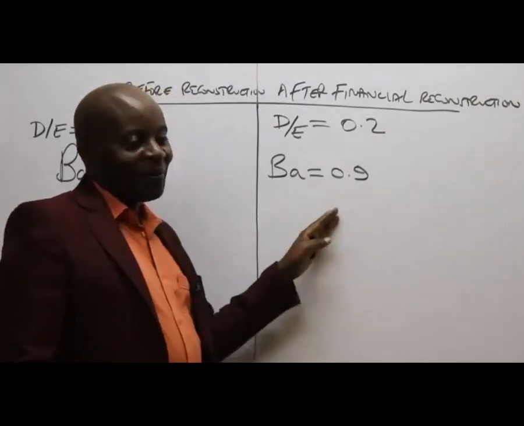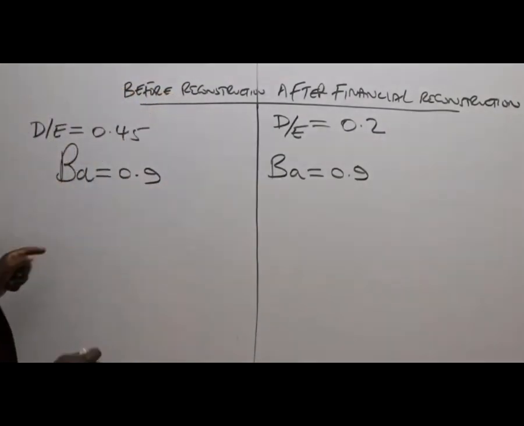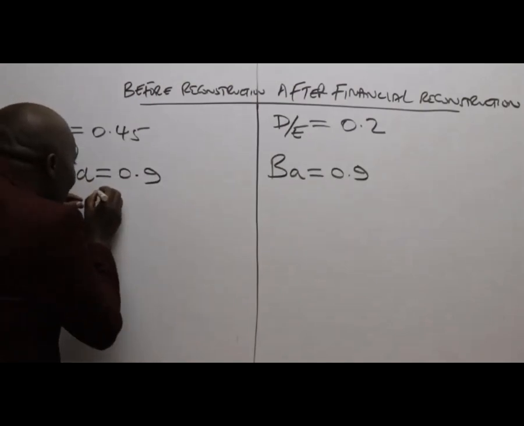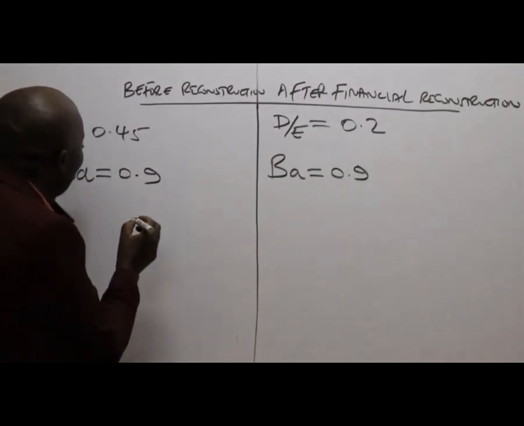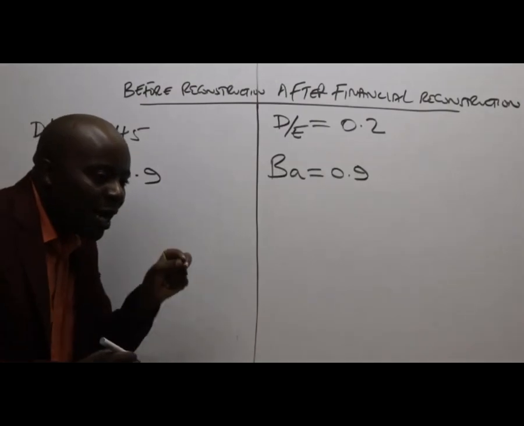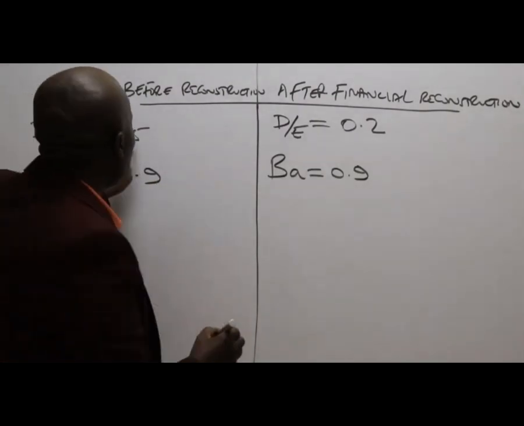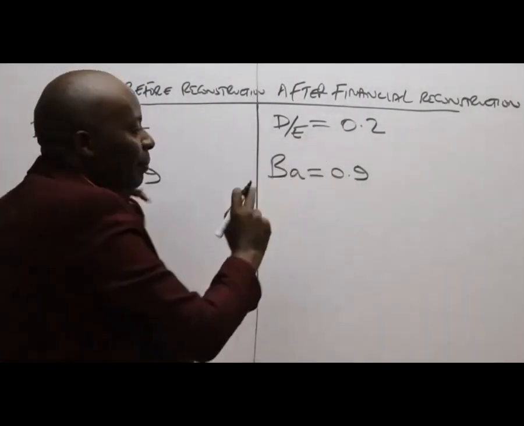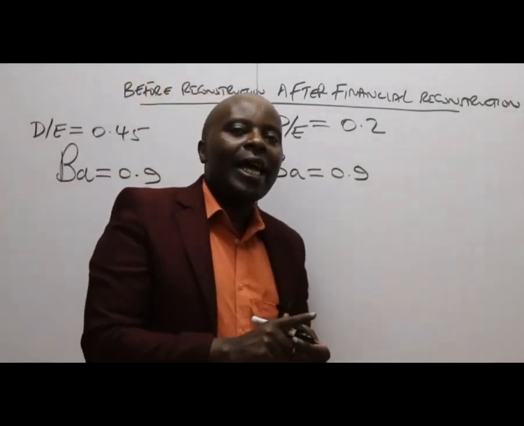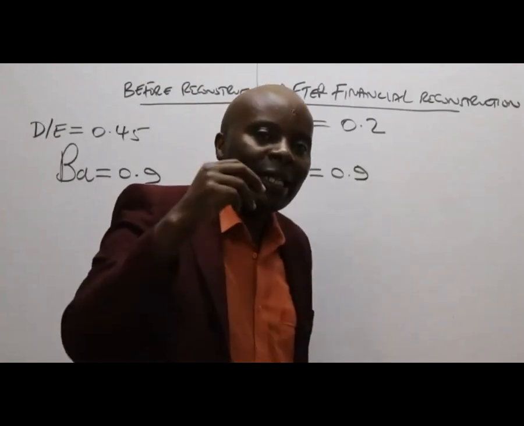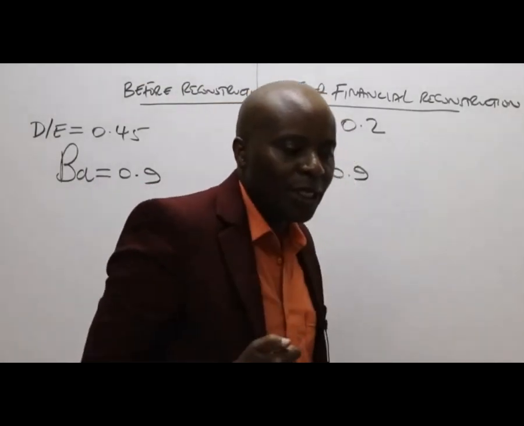Great. Ladies and gentlemen, listen to me very well. These guys have given me beta assets, and yet they are giving me scenarios where we have debts. In both of these scenarios, we have debts, meaning that at the end of the day, I need to convert my beta assets to beta equity.